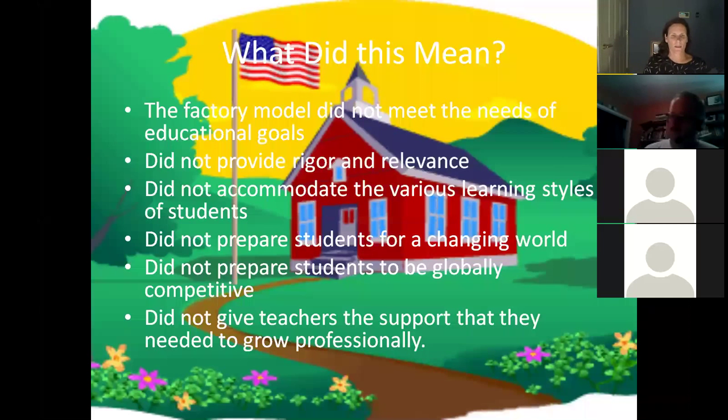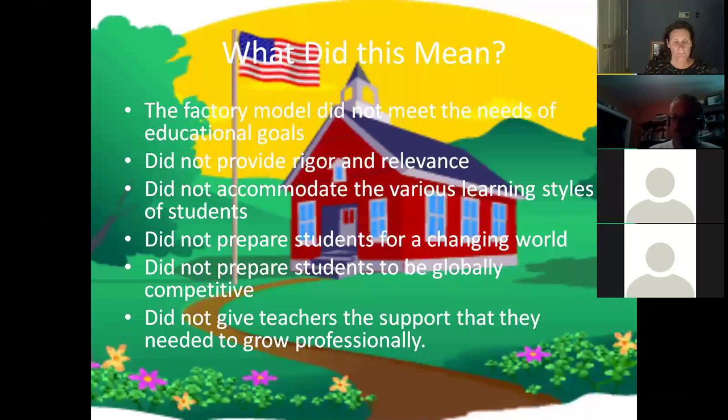Now, for us, what did this mean in terms of how effective was this for our society? At the time, those kind of schools didn't really improve. They didn't provide any rigor and relevance for the students. The factory model setting did not accommodate the various learning styles that our students have. For myself, for example, I'm a very visual learner and some are very hands-on.